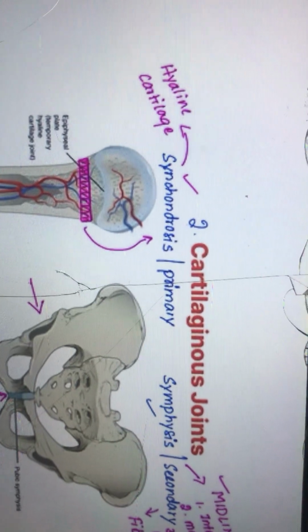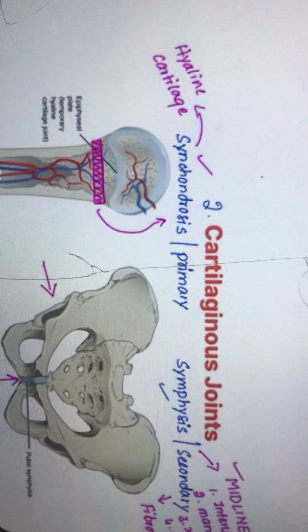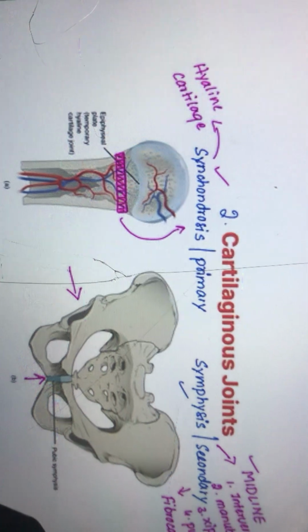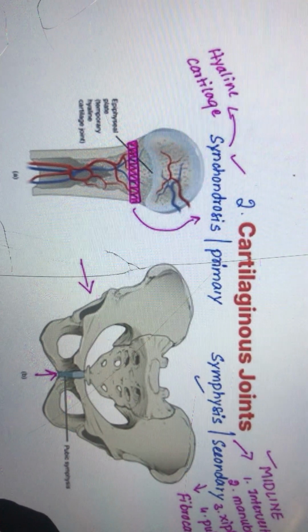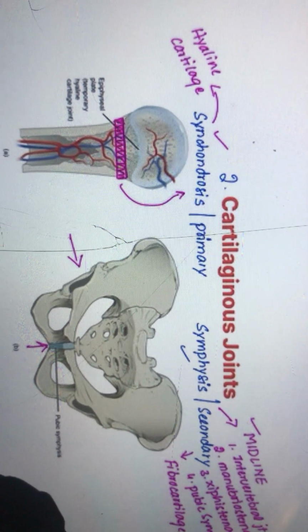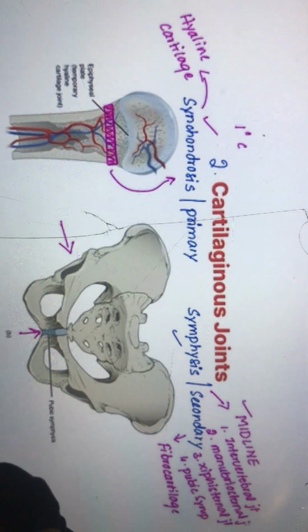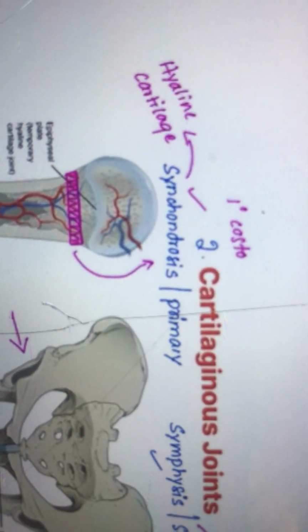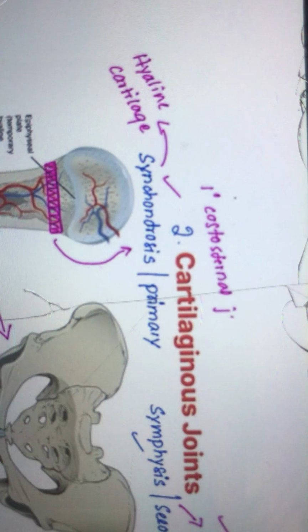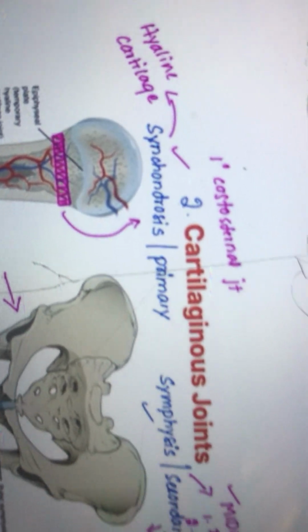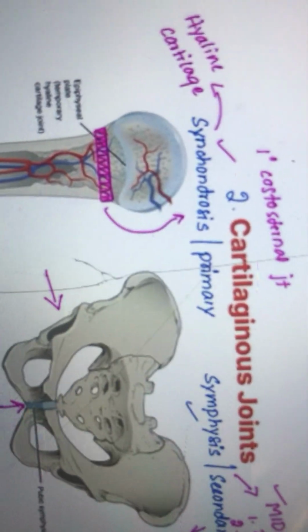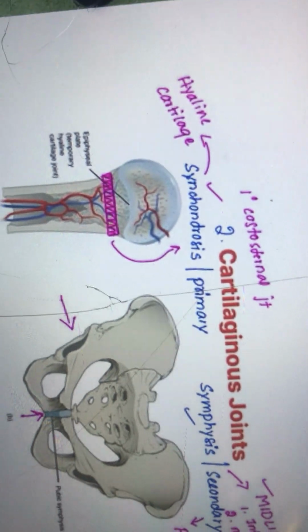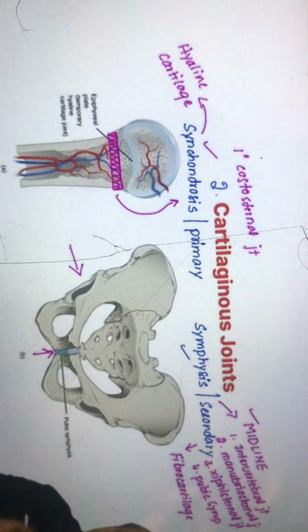Remember, there is often confusion about one of the joints in the thorax, whether it is synchondrosis or what type of joint it is. Right? So, remember the first costosternal joint. The first costosternal joint is often considered to be a synchondrosis, which is not true.